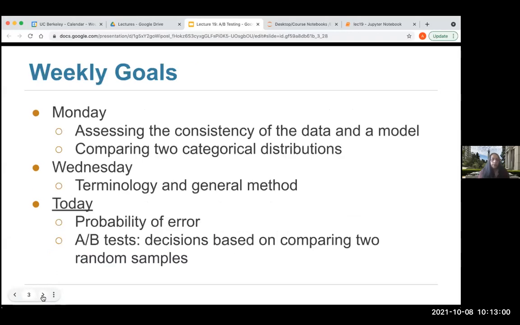Okay, so on Monday, we assessed the consistency of data and a couple of models about the randomness of the selection of a jury. On Wednesday, we discussed the terminology and the general method, and we were sort of in the middle, towards the end of that discussion when we left off. So I'll pick up there.